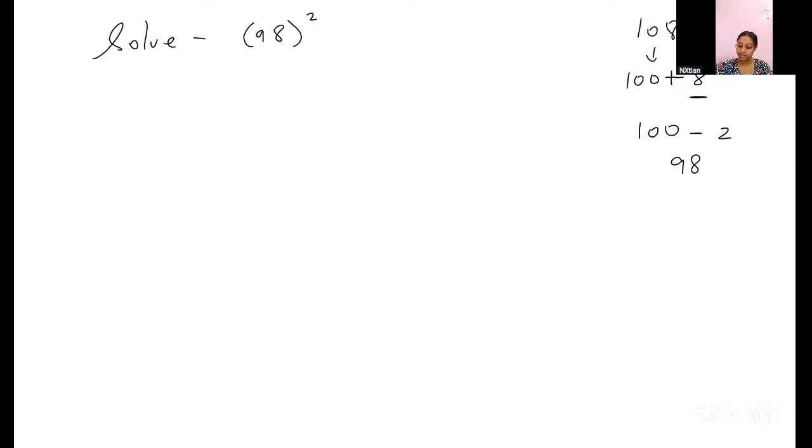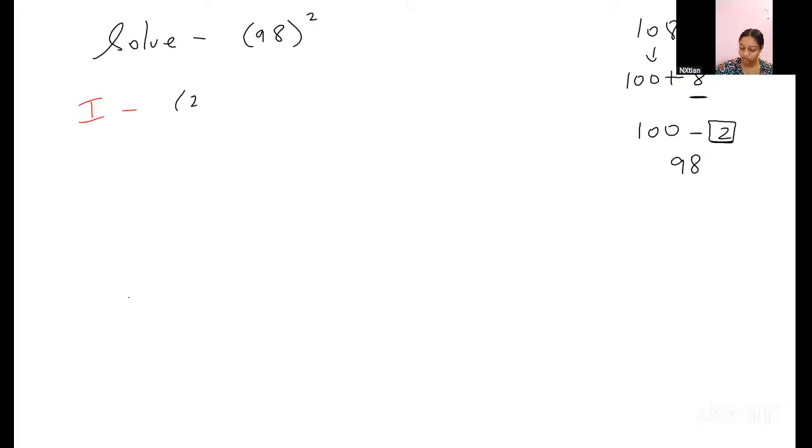See, first step: 100 minus 2 is 98, so you will take 2 as the number which is to be squared. Step 1 is do a square of 2.